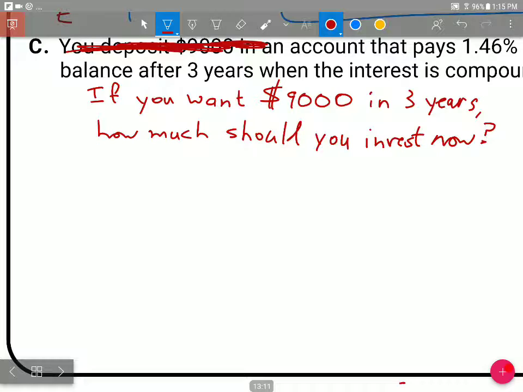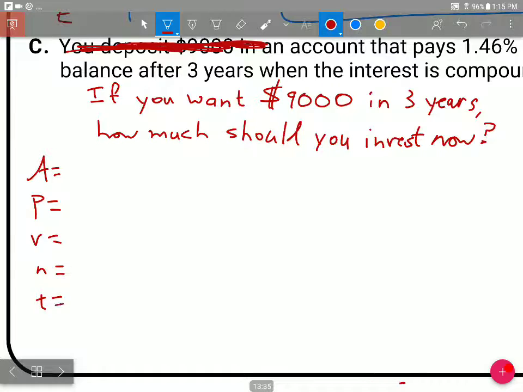Okay, so basically we're doing this from a different perspective. Let's say you want $9,000 at the end of a 3-year term. What variable is that $9,000 going to go into now? A, because it's your ending point. So we have A, P, R, N, and T.